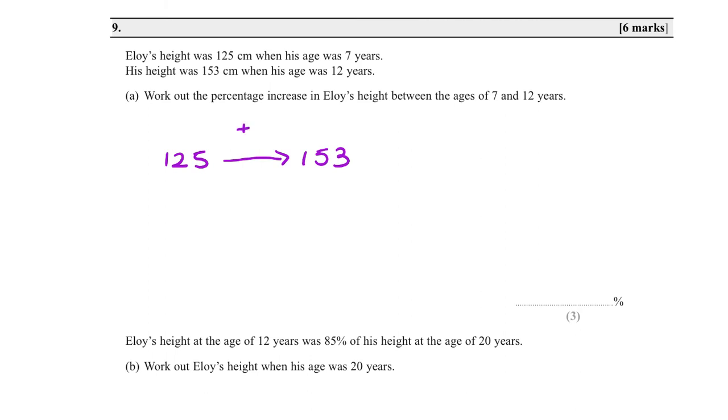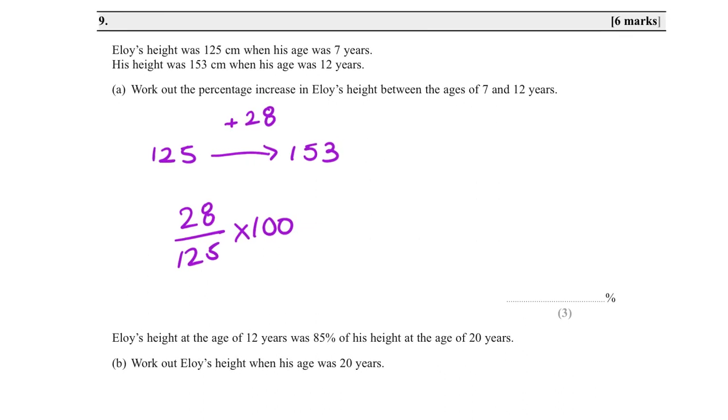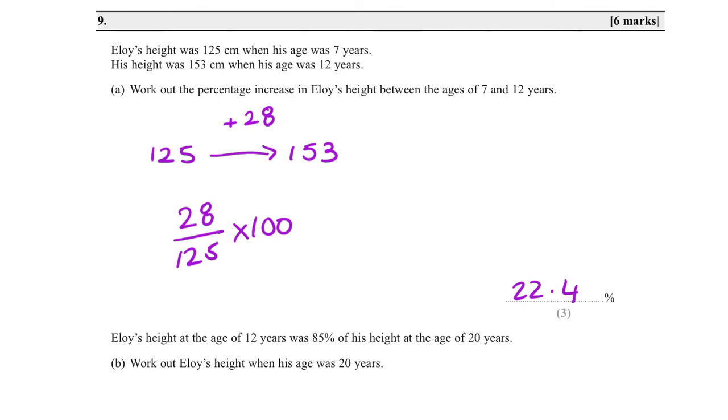What have I increased by? 28. So now let's work out 28 as a percentage of his original height to find out the increase. 28 divided by 125 times 100 is 22.4%.